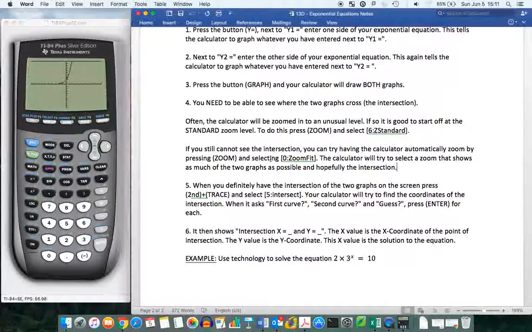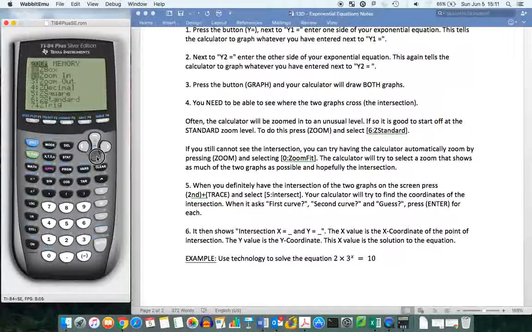If you couldn't see the intersection on the screen, you can automatically zoom and get the calculator to try and work out the best way to zoom by going zoom and going down to zoom fit. And the calculator tries to be smart and select a zoom level where it definitely shows where the graphs intersect.